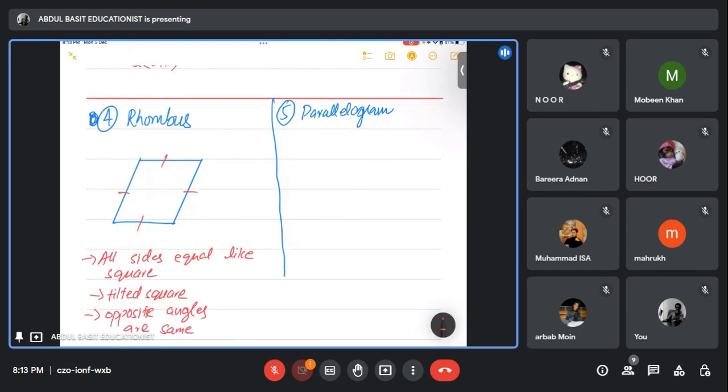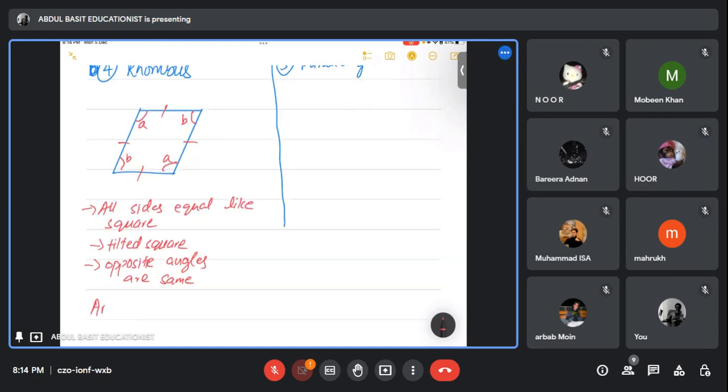So for example, if this is angle A, then that would be angle A as well, and if this is angle B, then that would be angle B as well. So the area of the rhombus is equal to base times height.